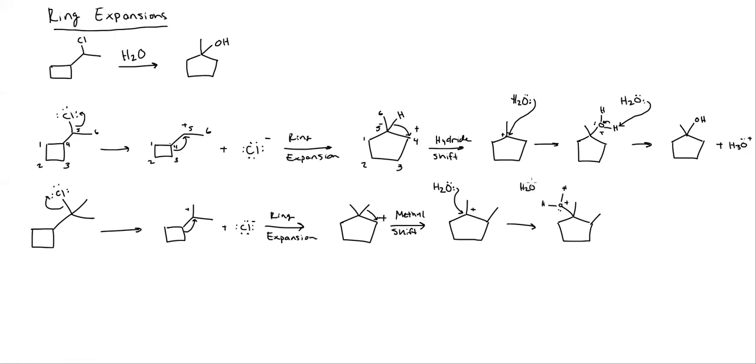And then we also have the water that's going to come in and it's going to take the hydrogen off. And those electrons are going to go on the oxygen, right? So now I'm done. This is my final product. And then I also get hydronium.